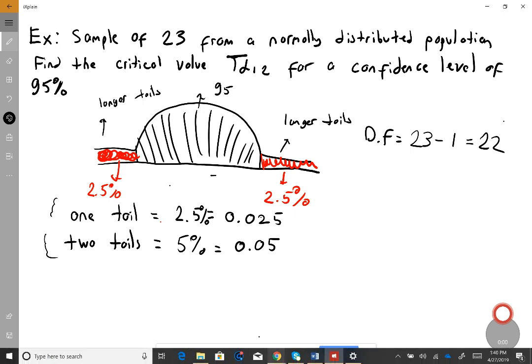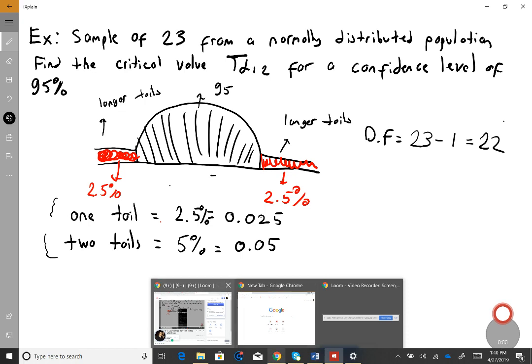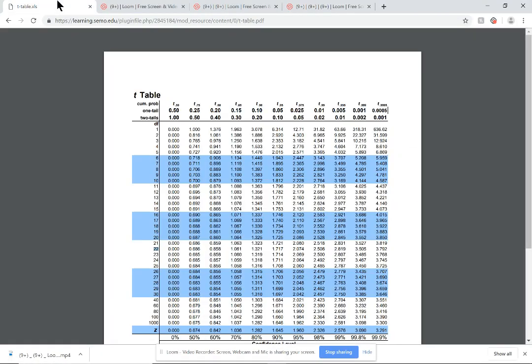Okay, so let's go ahead and take a look at the critical value here. The t-table is located on your Moodle account. So our degrees of freedom was 22, right? So you look at the first column here where it says DF, and you have to locate your degrees of freedom, and that is 22. It's given here. And then you look at the first and the second rows here.